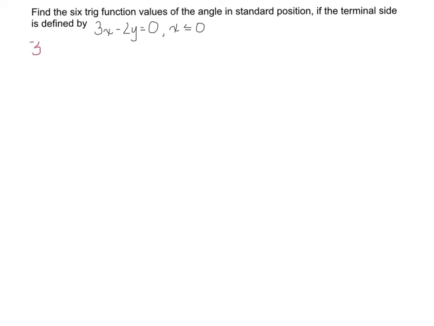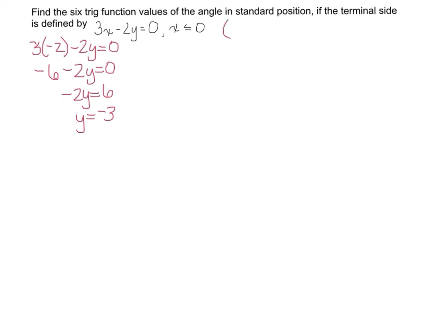So I start by plugging -2 in for x. I could have picked any negative value. I just chose the lowest one. So this gives me -6 minus 2y is 0. -2y is equal to 6. So y has to be -3. So my coordinates are -2, -3.